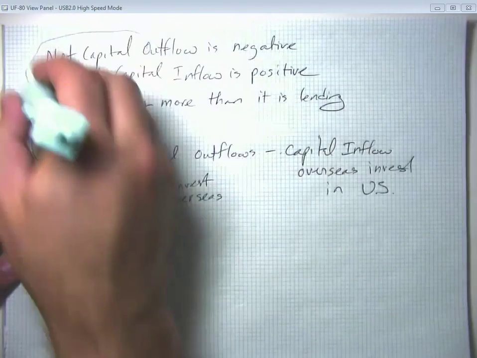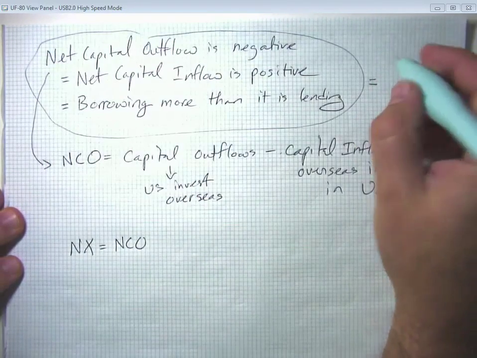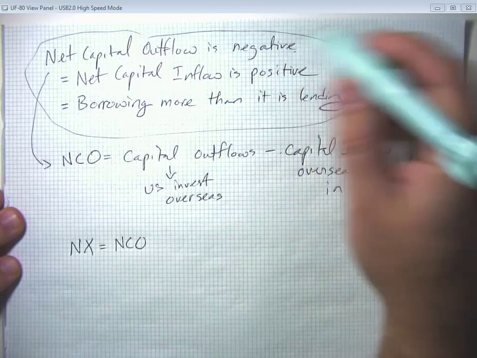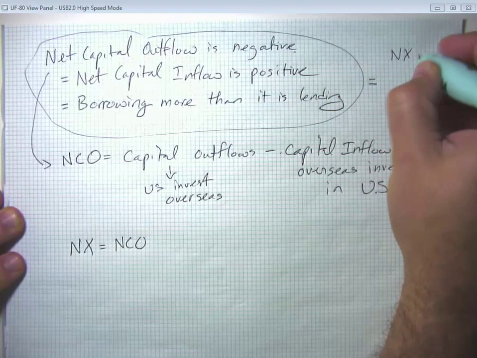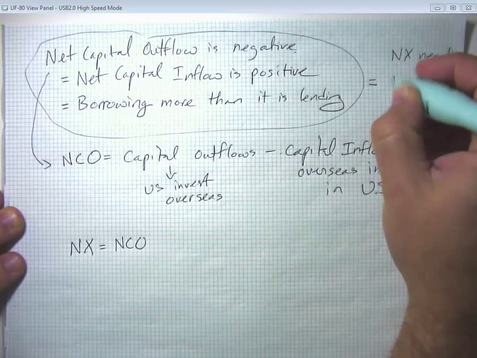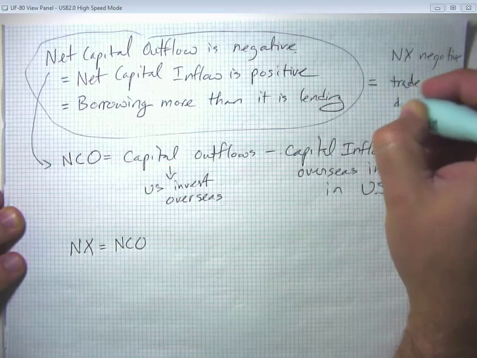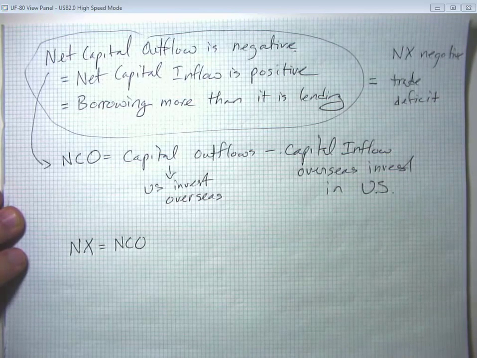So all of these statements here are also equivalent to saying if net capital outflow is negative, then that's the same thing as saying net exports is negative, which is equivalent to saying we have a trade deficit. So there's an essential connection between the trade in goods and international financial flows.